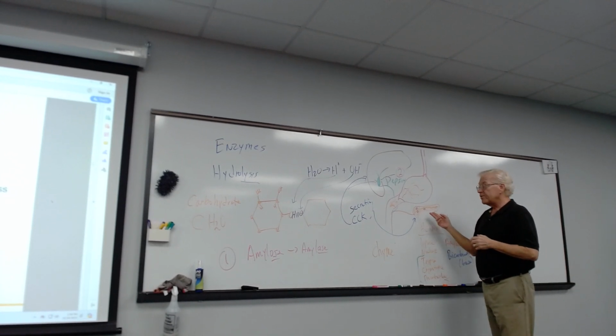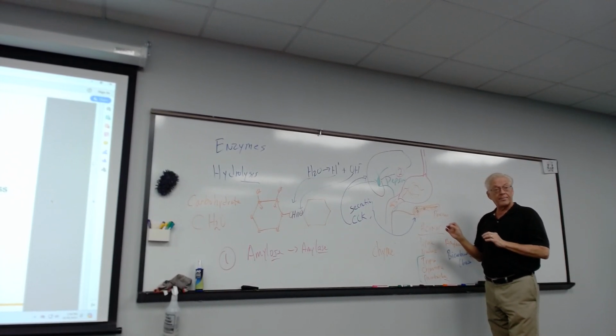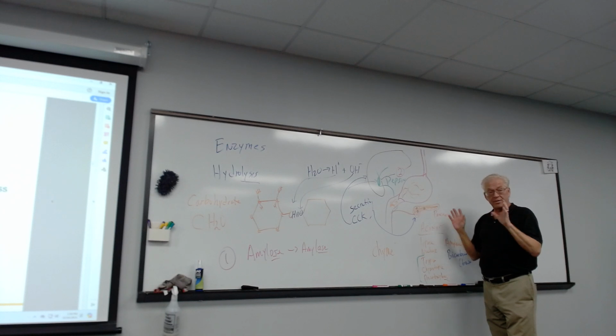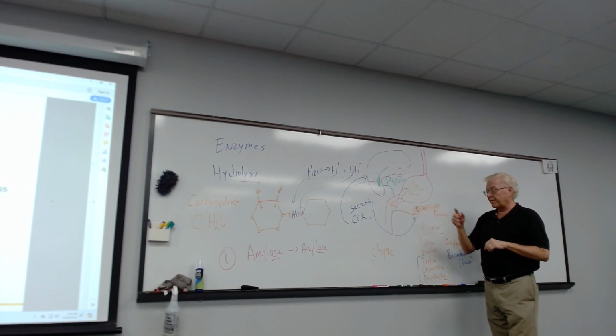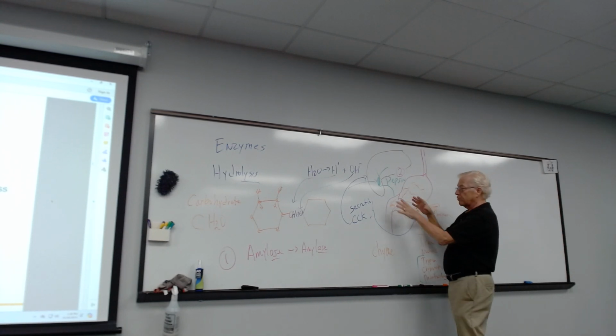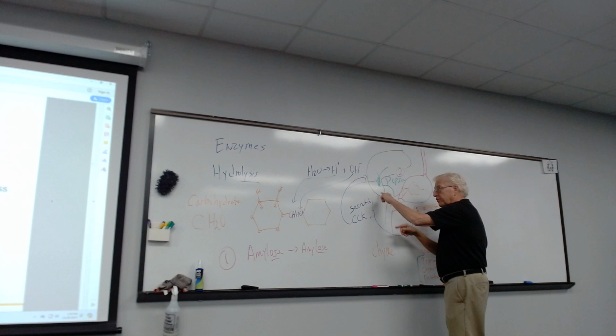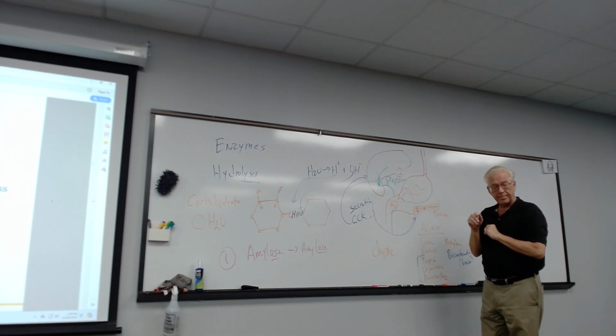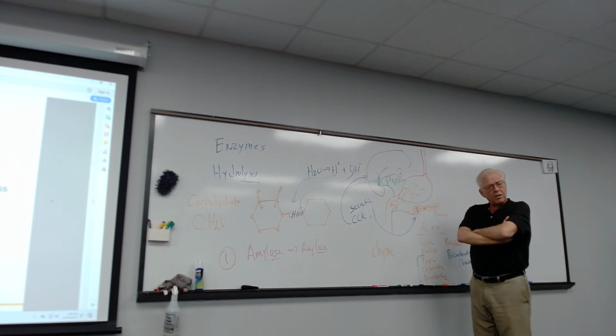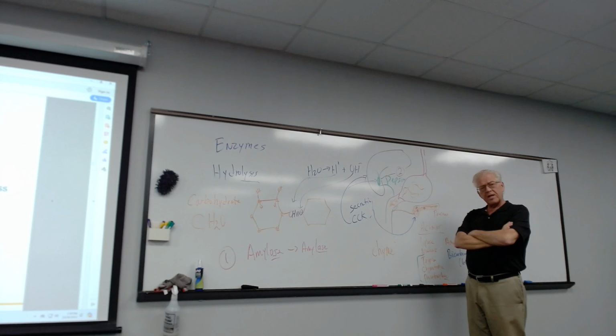Okay? So, is your pancreas a busy little guy? Yeah. He's involved in blood levels of glucose, as well as helping you to break down your food. Okay? But that's why I wanted to draw it, to show you where the secretin and the CCK go. Alrighty? I think there's another question on there about what is emulsification.